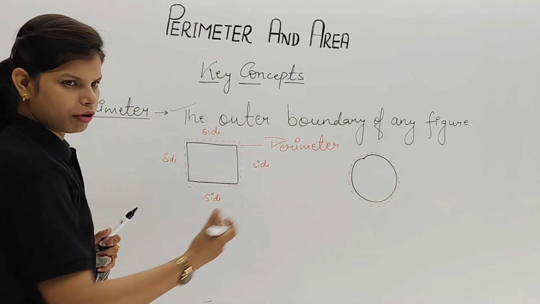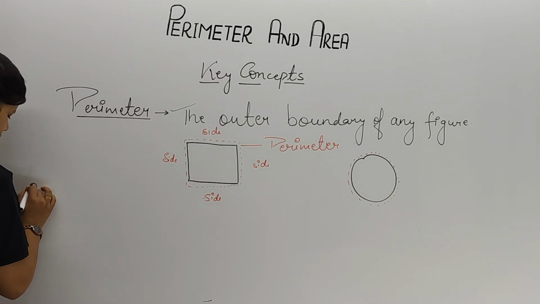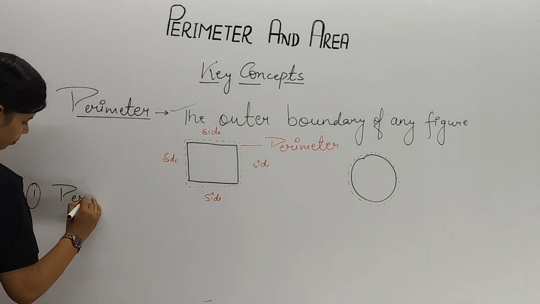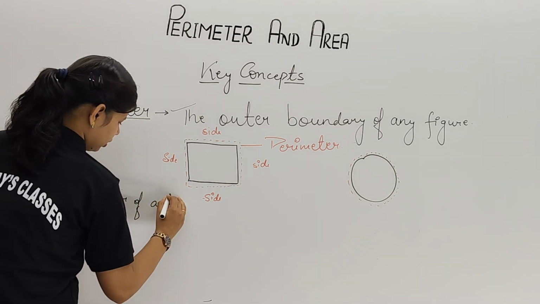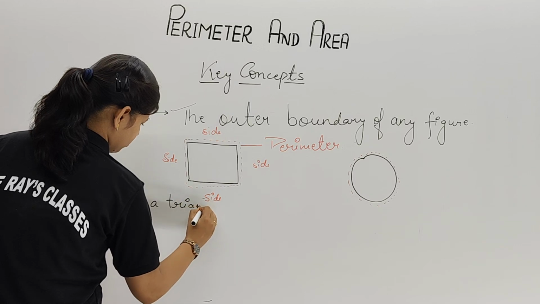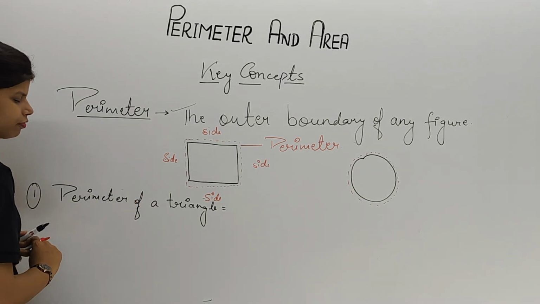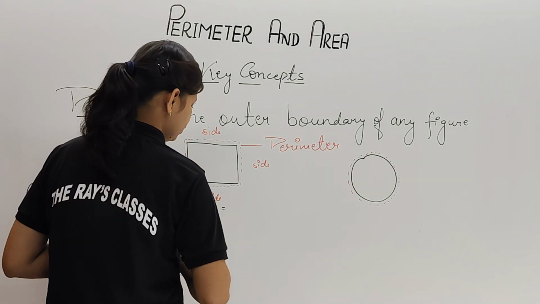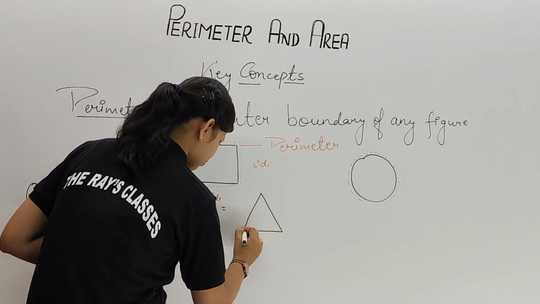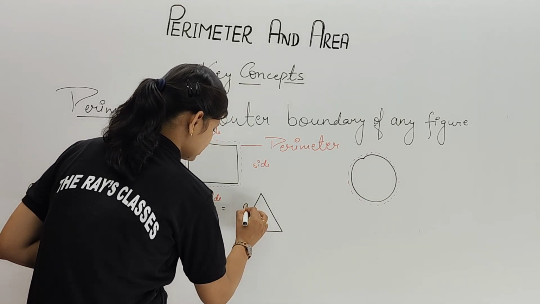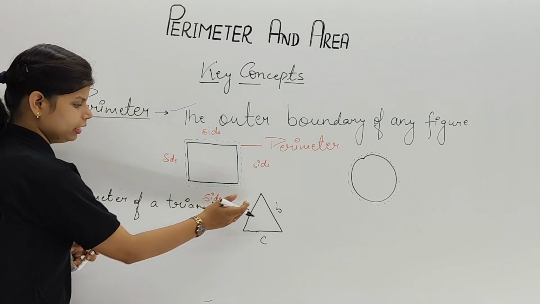Now we are going to find the formulas. The first formula for us is the perimeter of a triangle. To understand this, first of all you have to draw the triangle figure. A triangle has how many sides? A triangle has 3 sides, A, B and C. These 3 are the sides of that triangle.